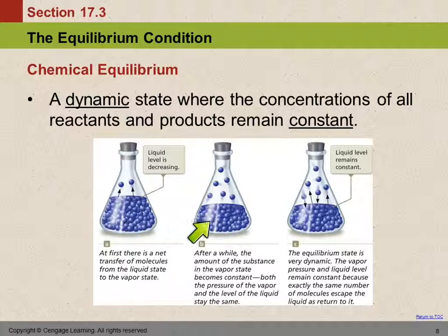As this proceeds, we have evaporation continuing. We get more and more particles in the gas state, and now we have some condensation occurring. So the rate of evaporation is constant. The rate of condensation is increasing because the concentration of these particles in the gas state is increasing.